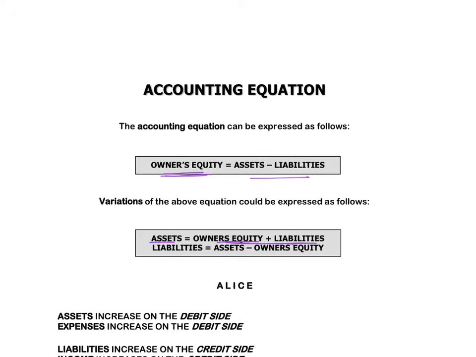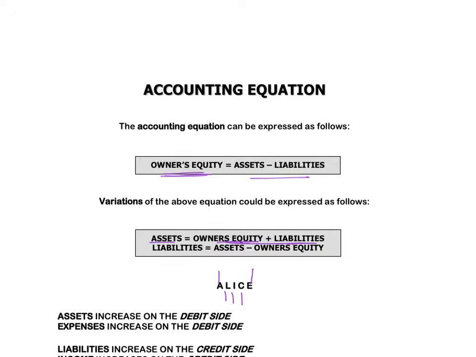To be able to determine whether you will debit or credit accounts, we will use the word ALICE. The first letter of ALICE and the last letter, assets and expenses, will increase on the debit side. Liabilities, income, capital will increase on the credit side.